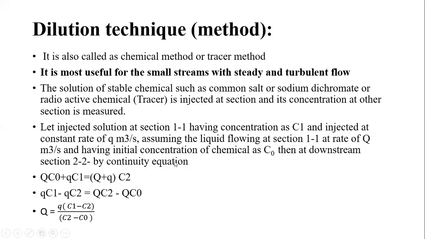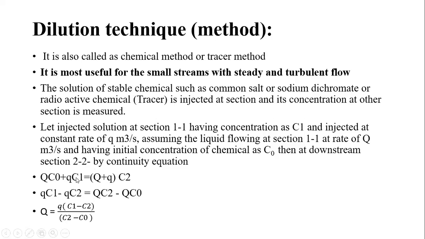Then at a downstream section, that is at section 2-2, by the continuity equation, whatever discharge is there at section 1, it has to be there at section 2. That is the continuity equation we can say. So at section 1, there will be the combination of the initial discharge with the amount of the chemical which you are going to add over there.